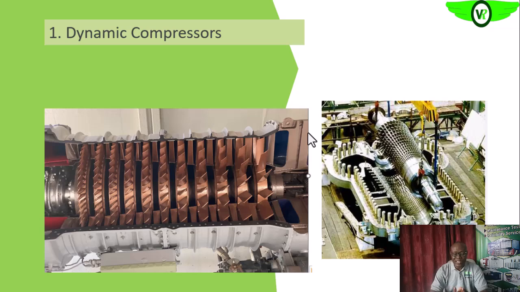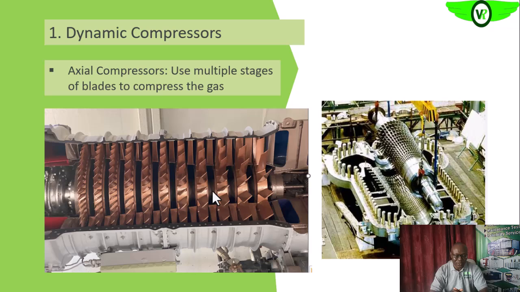Okay, so that is why it is called centrifugal, because of the centrifugal force away from the center towards the circumference. But in this case, the gas is moved in the axial, that is along the axis, okay, of the compressor shaft. Are we getting it? That is why it is called the axial compressor.